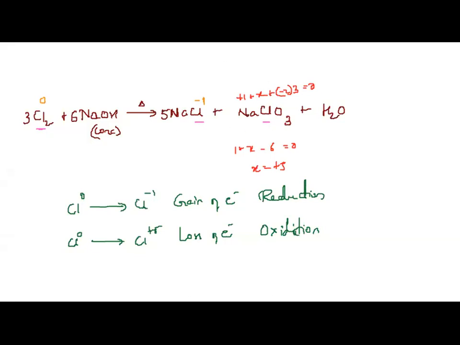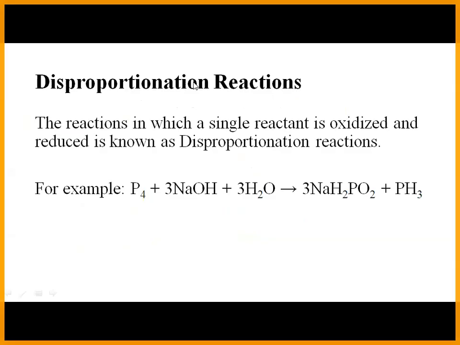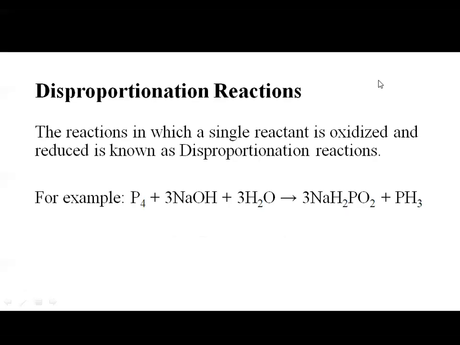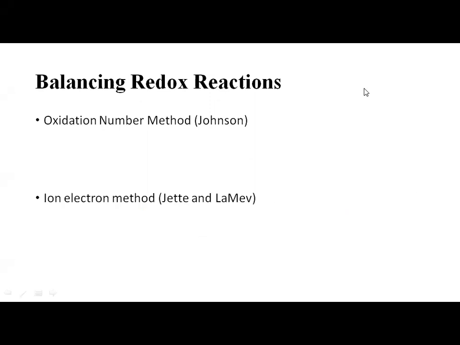Okay, fine. So moving to the next concept, probably the last part in this topic, that is balancing the redox reaction. And we have two methods here. One is the oxidation number method, which was developed by Johnson.